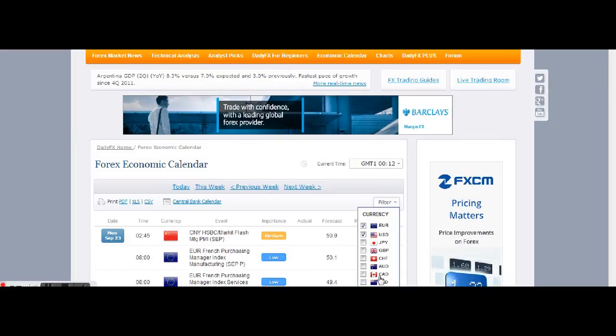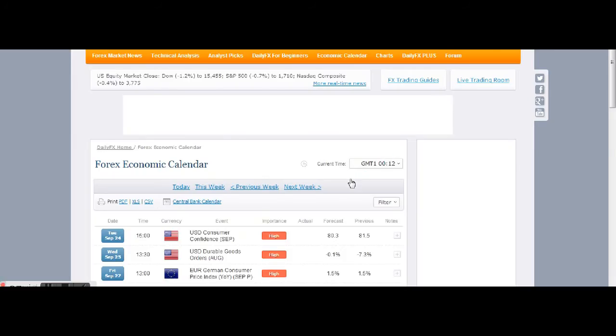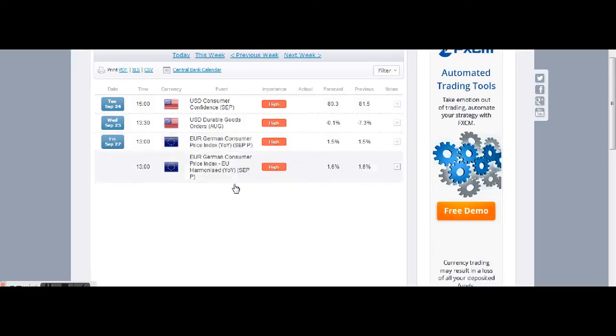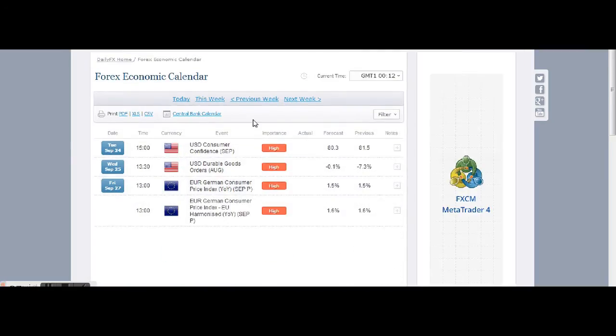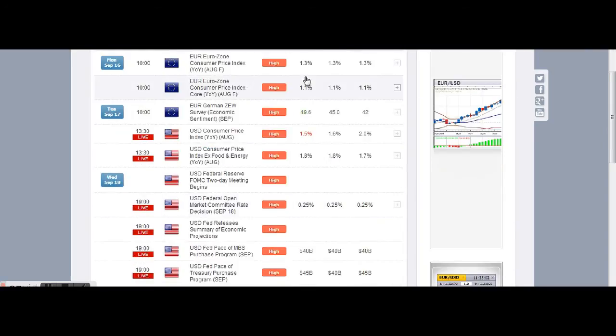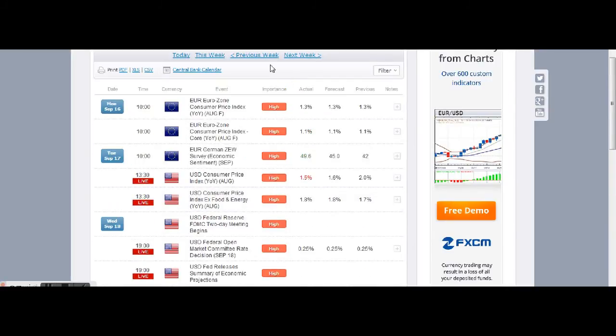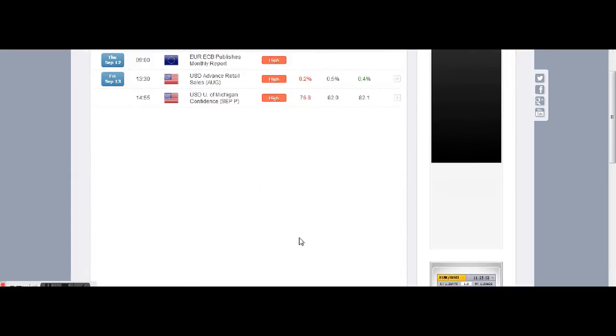And if we actually just looked at the high filter or high impact events for the week, you can see that this week is thinner compared to, say, last week, which had quite an enormous amount of high impact events, and the week before last we also had a quiet week.